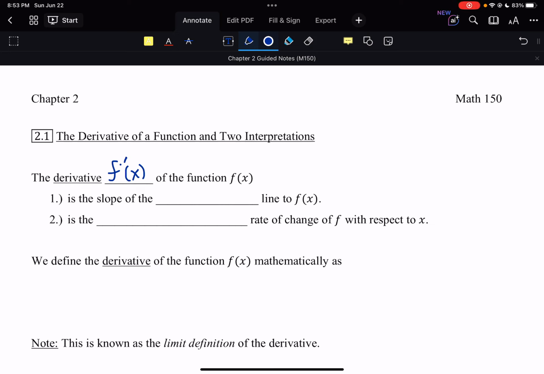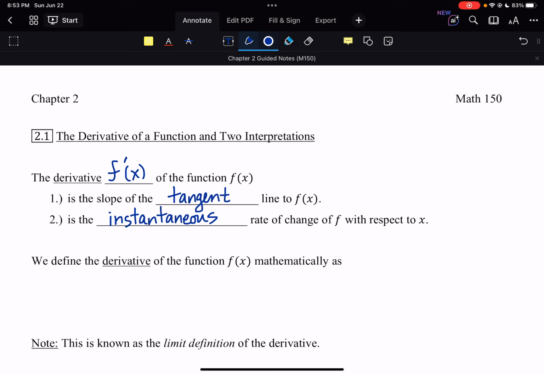So the derivative f prime of x of the function f is the slope of the tangent line to f of x, also known as the instantaneous rate of change of f with respect to x.